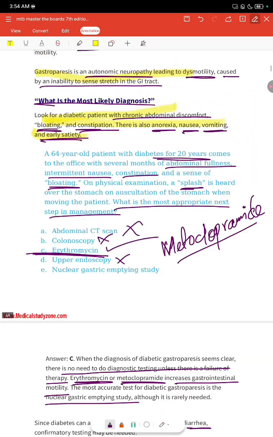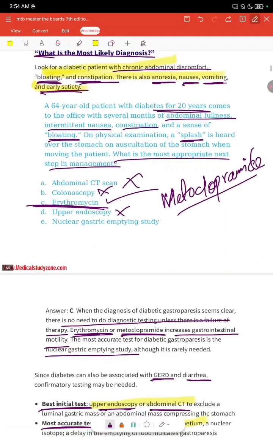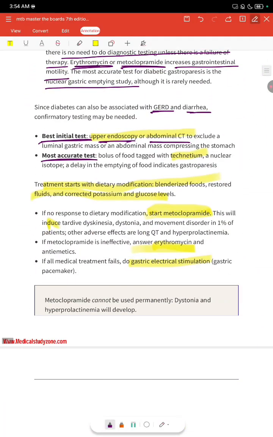This is the best initial test for diabetic gastroparesis, because diabetes can also be associated with GERD and diarrhea, so we need confirmatory testing. For confirmatory testing, the best initial test is upper endoscopy or abdominal CT to exclude a luminal gastric mass or an abdominal mass compressing the stomach.